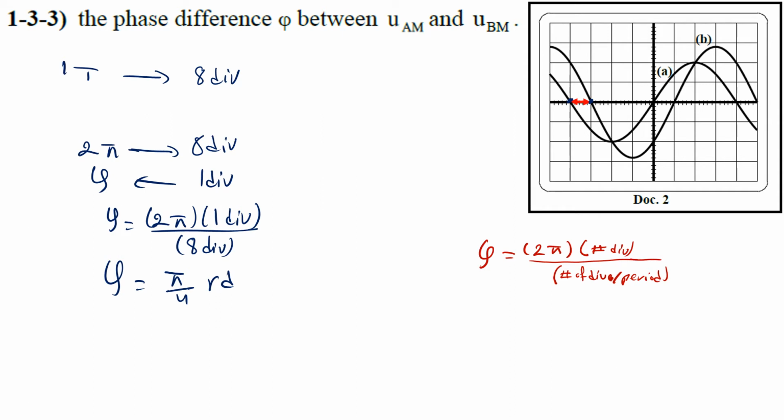Or we can also write it as equals 2 pi d over D, where d is the number of divisions for phase difference, of course, and D is the number of divisions for one period.